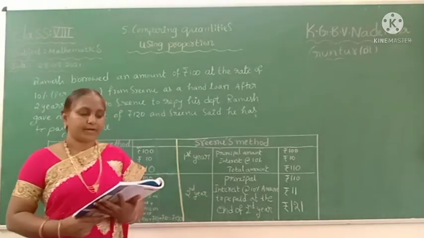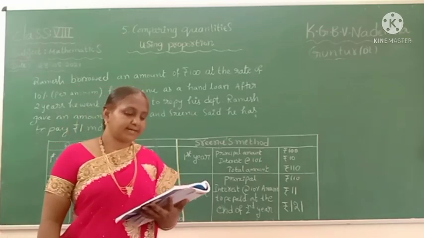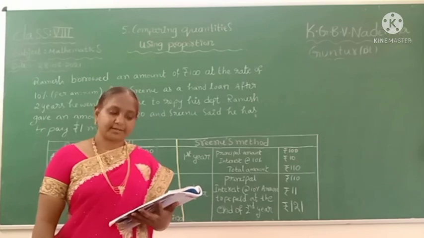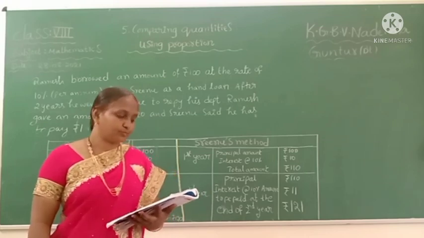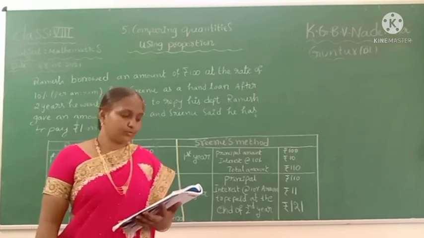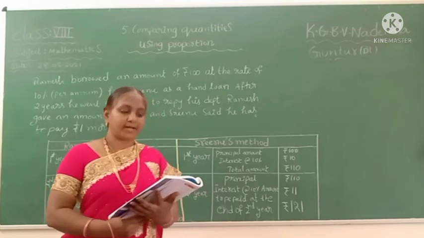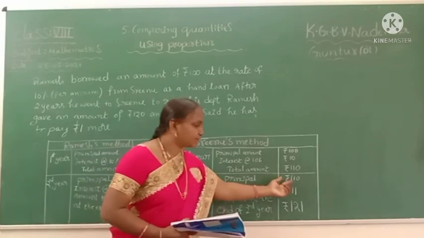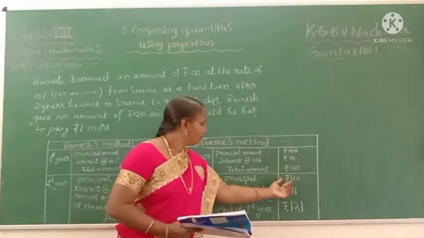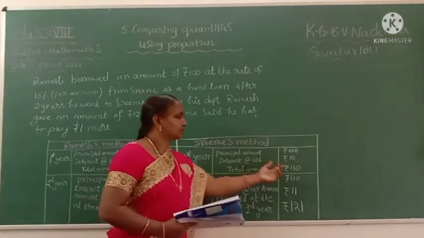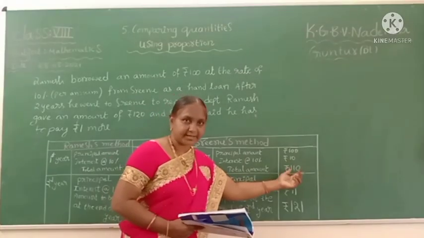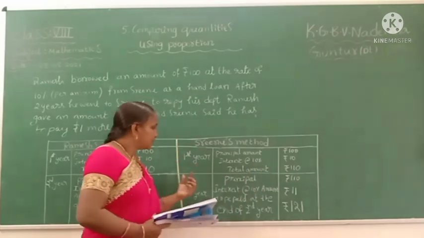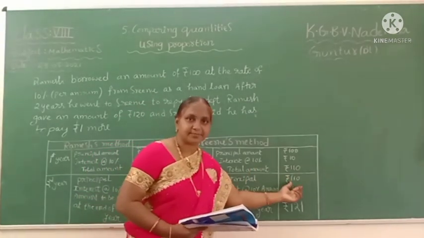Do you know what we call the interest calculated by Srinu? In case of Srinu, the interest is calculated on the amount accumulated till then. He takes the first year's total amount as principal for the next year.